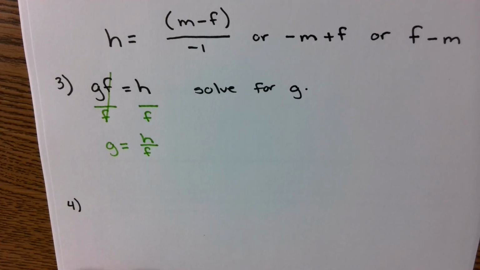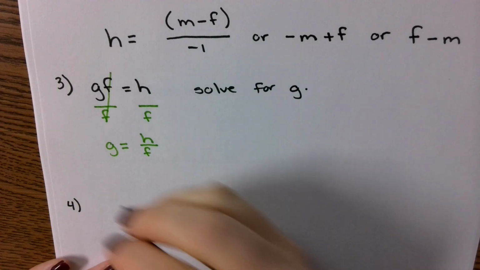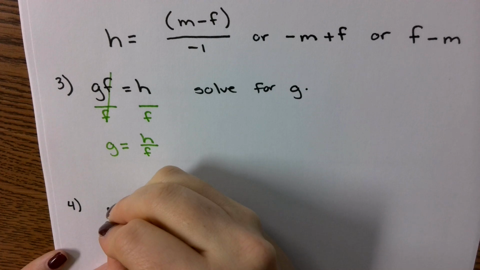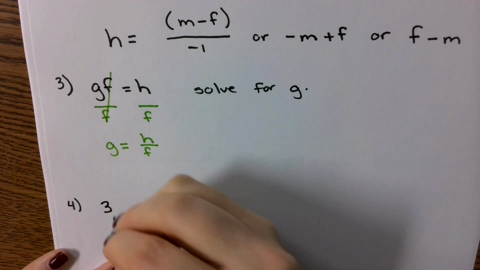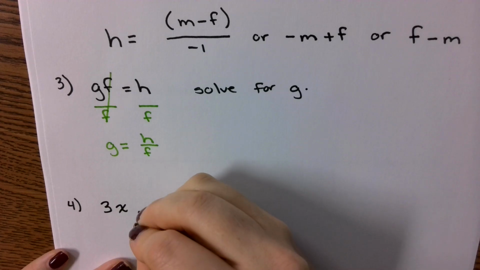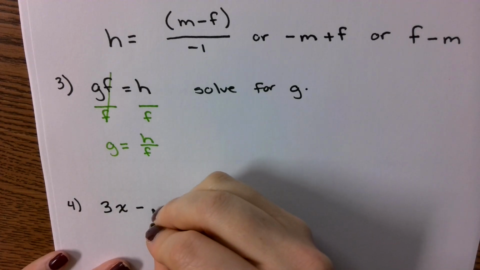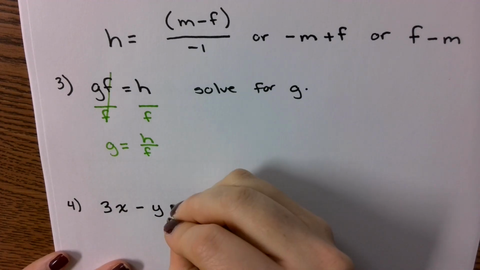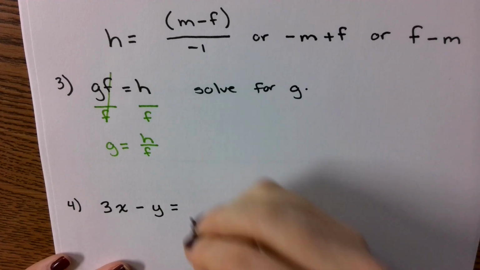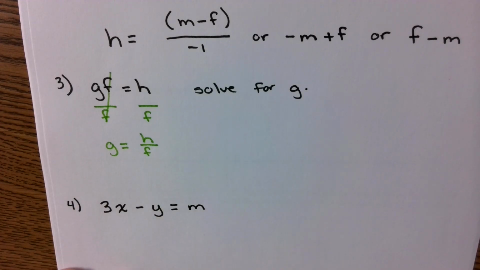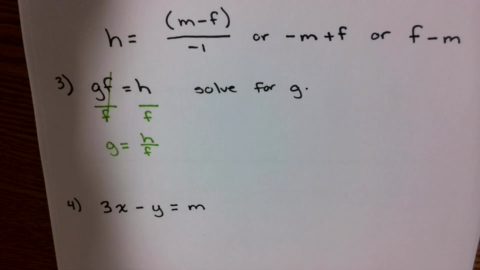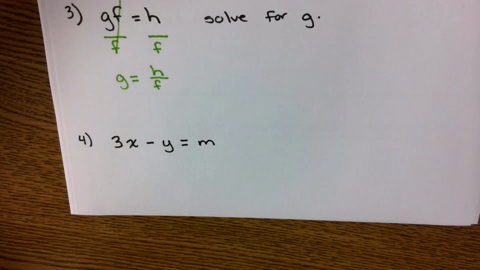Okay, let's say that we have 3x minus y is equal to m. 3x minus y is equal to m.